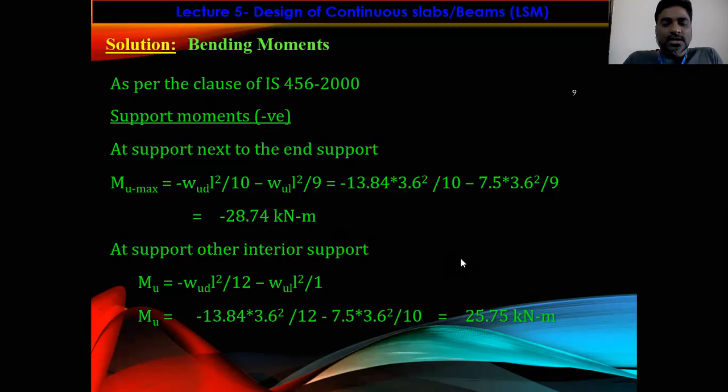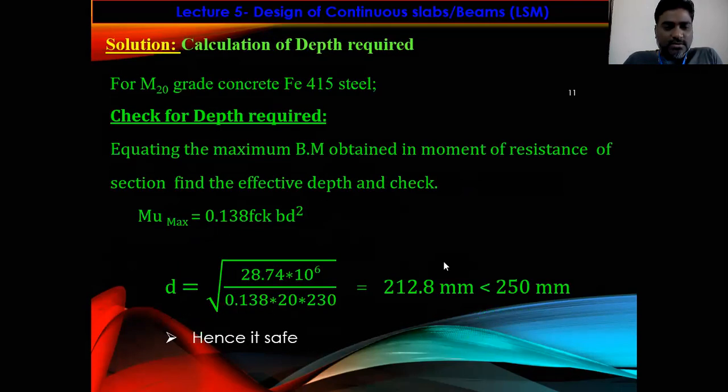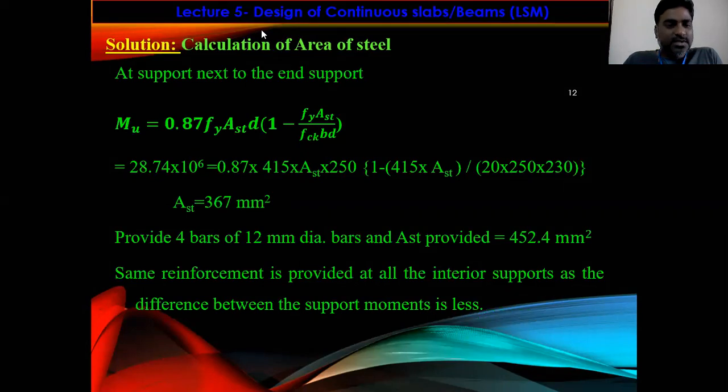So I would like to write down simply: provide 4 bars of 12 mm dia bars, and the AST provided is 452.4 mm square.